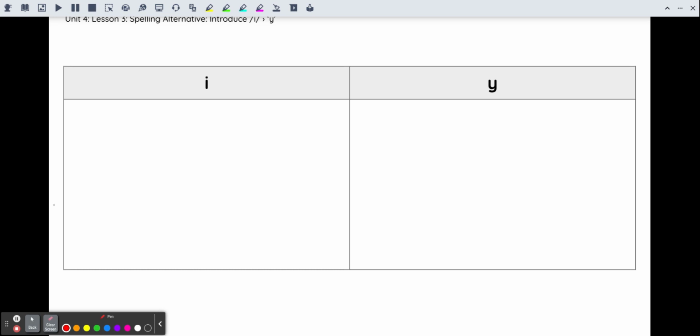I. You have already learned one spelling for I, and that's I. We have two columns, one labeled I and the other column labeled Y. I want you to think of words that have the I sound and words that have the Y. Okay, so if you didn't think of any words, let me give you some ideas.